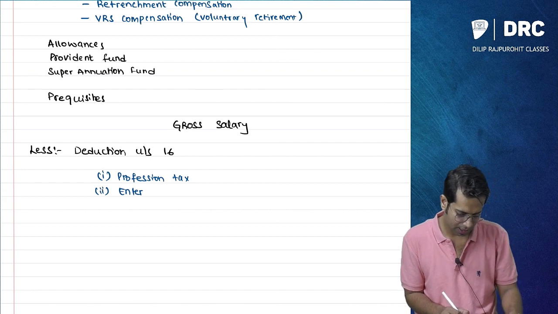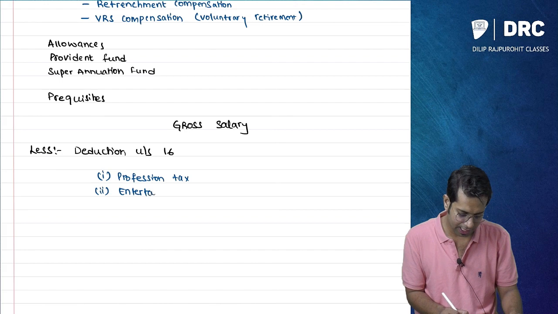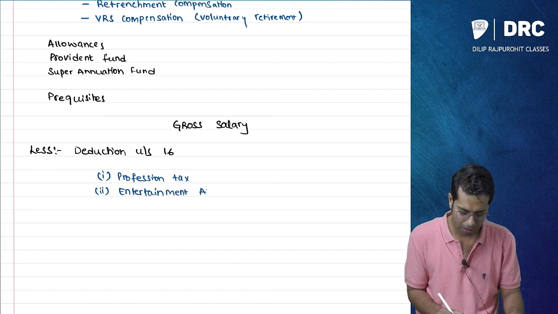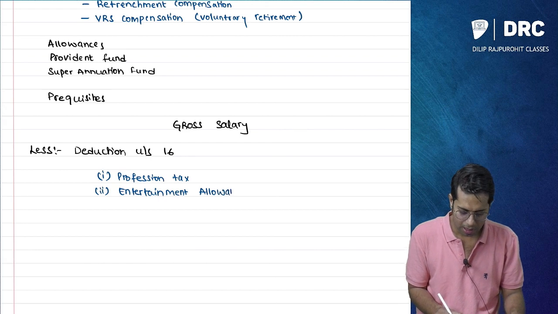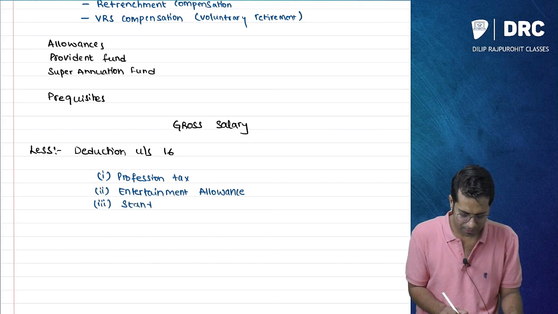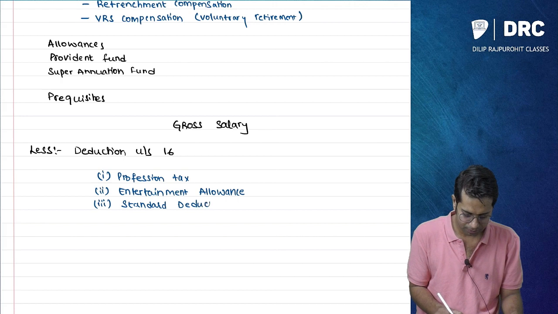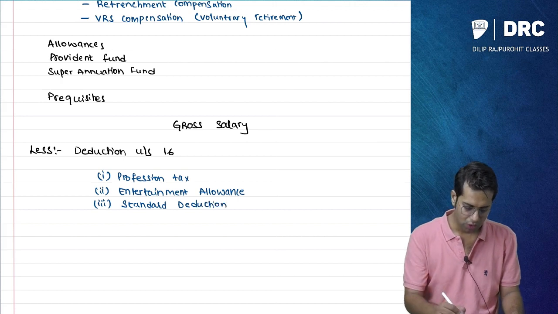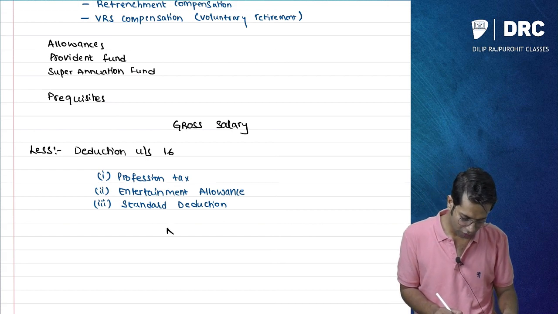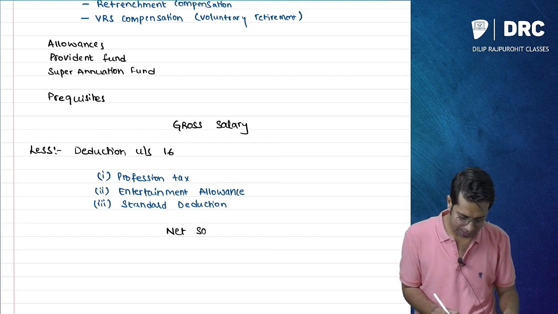and point number 3, standard deduction. Once you subtract these 3 things from your gross salary, you will get your net salary.